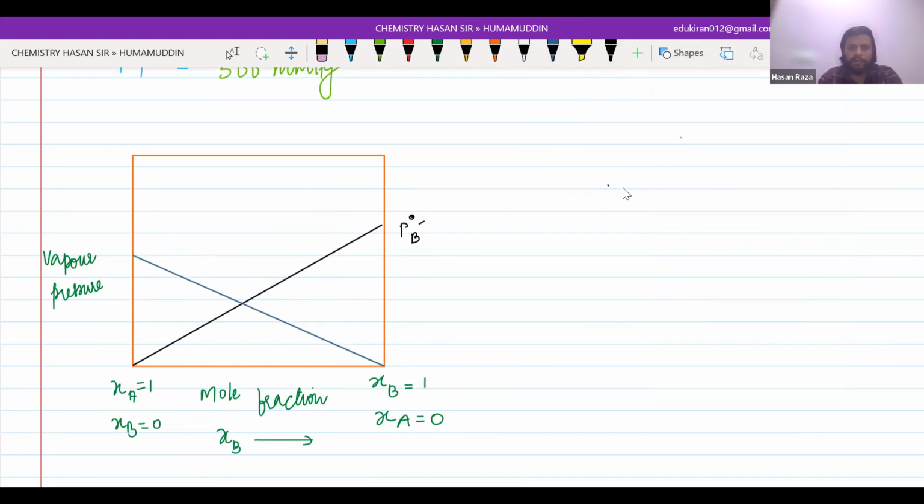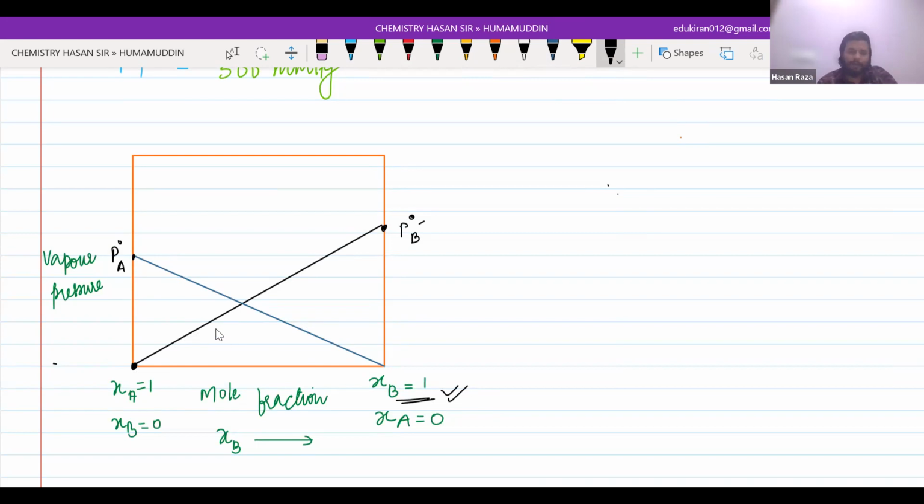I'll explain it. This is chi A equal to 1 here, so this represents P naught A. Always remember this. Chi B on the right hand side corner, you can see this is your pure B. This y-axis represents vapor pressure, so this is your pure vapor pressure of B, and this is your pure A, so this represents the pure vapor pressure of A.